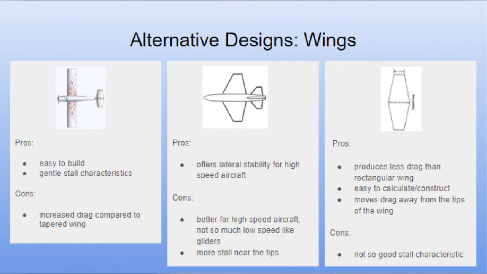For the alternative designs, the wings specifically, I considered the rectangular, the trapezoidal, and the tapered wing. The trapezoidal wing was pretty much a loss because it was mostly advantageous for high-speed designs, and the rectangular had some good aspects, but the tapered wing was better.